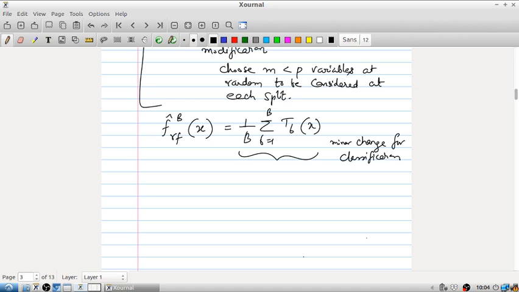Okay, and so I think we saw a particular trick with not bagging, but bootstrap, a few lectures ago, and that was we could use bootstrap for estimating test error or generalization error, whatever it is.